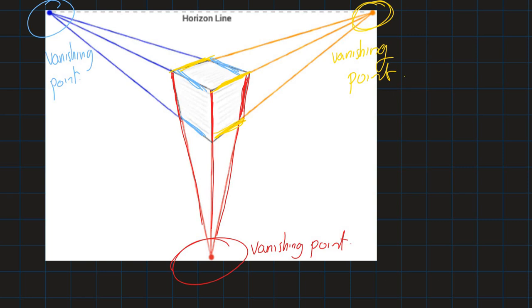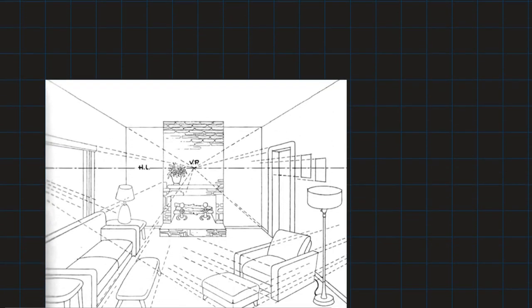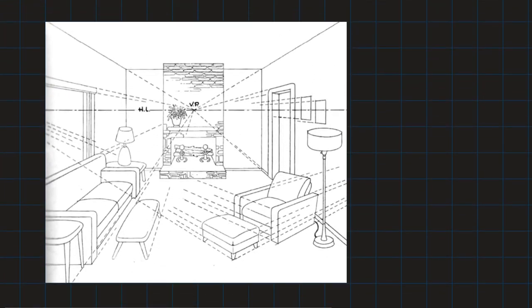Okay, so this is a very simple example. We can look at a slightly more complex example. This is a sketch of a living room, and there's a bunch of parallel lines going on. There's a vanishing point on the horizon in the distance which corresponds to all of these lines leading away from the observer.